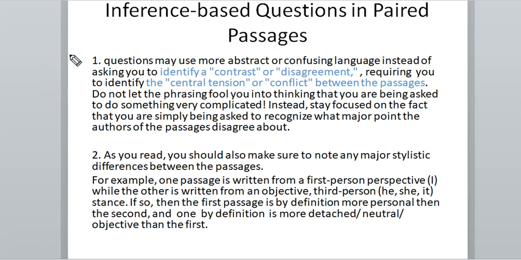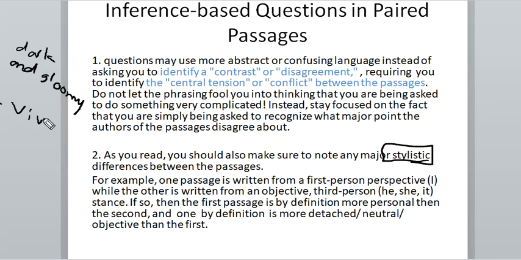So here we have to pay attention to what we call stylistic differences. Okay, choice of words. The theme of the passage is a stylistic attribute. Meaning, if the theme is dark and gloomy in the first passage, then it would be vivid, colorful, and lively.